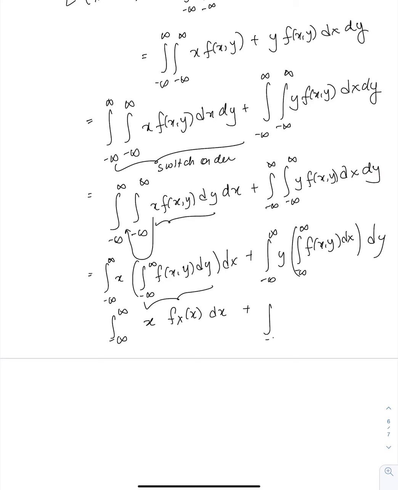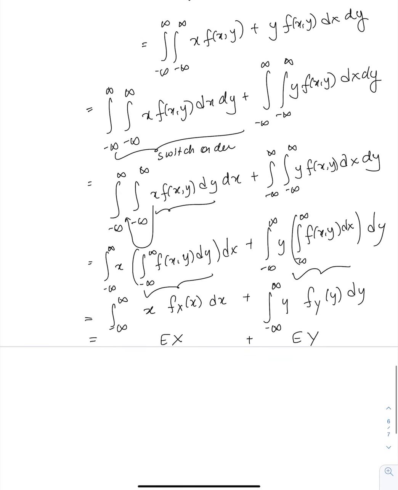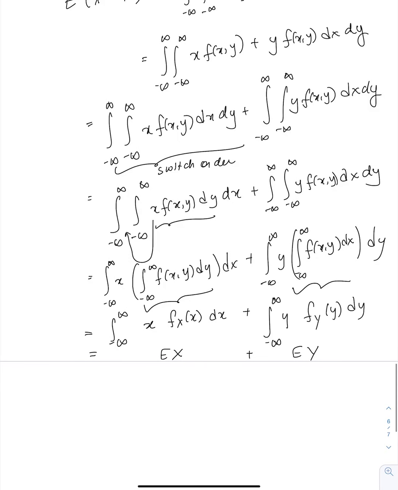Similarly, this is the integral from minus infinity to infinity, y times the marginal density of y. And what is this? This is just the expected value of x, and this is just the expected value of y. Okay, so that's nice that the expected value of a sum is just the sum of the expectations, as you would have guessed, even when you're dealing with joint densities.